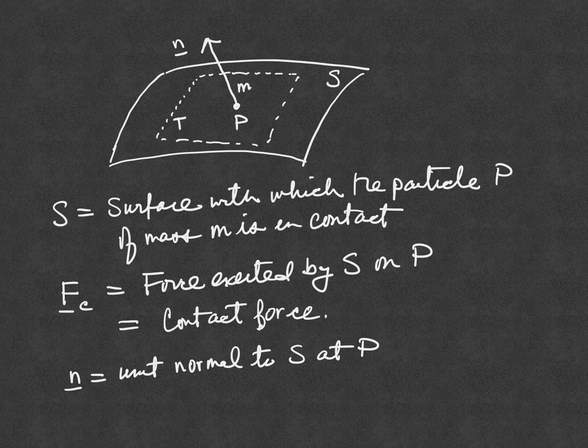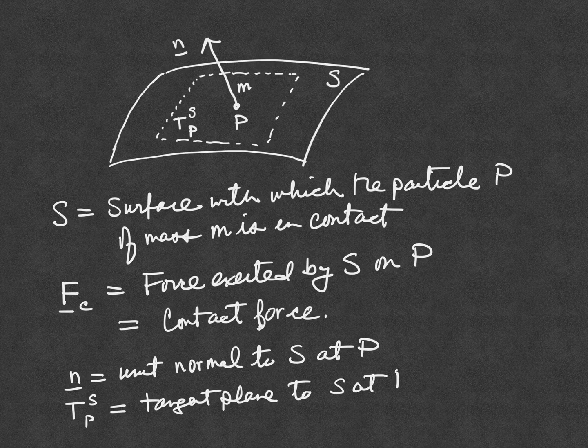So it's the tangent plane to the surface S at point P. So I'm going to say TPS is equal to the tangent plane to S at P. So what that implies is that N lies orthogonal to the tangent plane. That's what I mean by this.